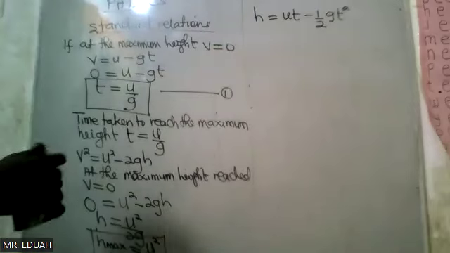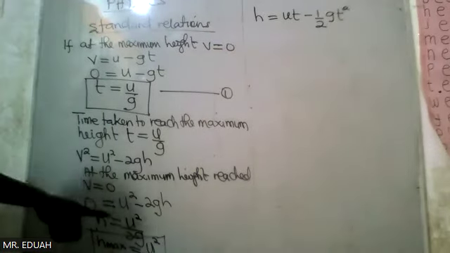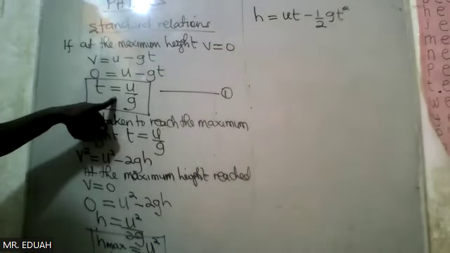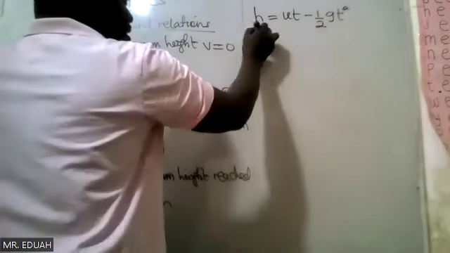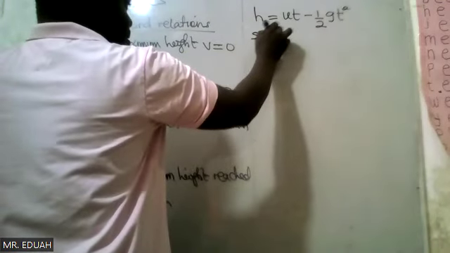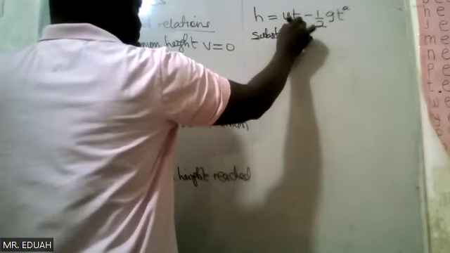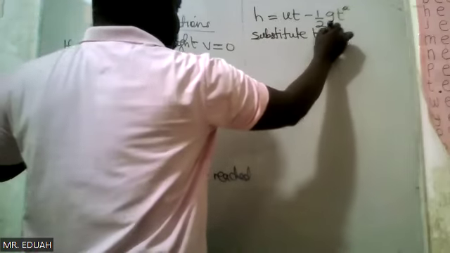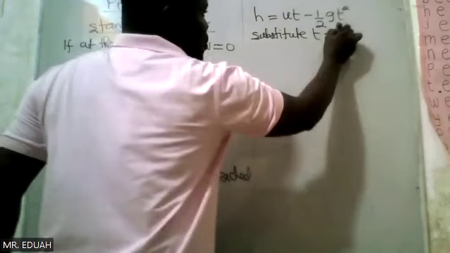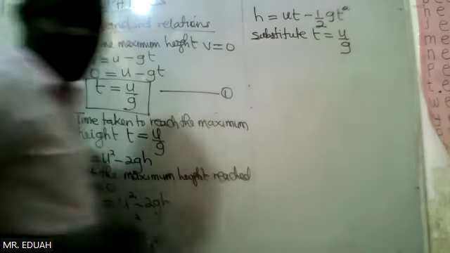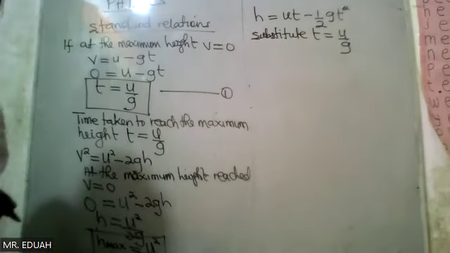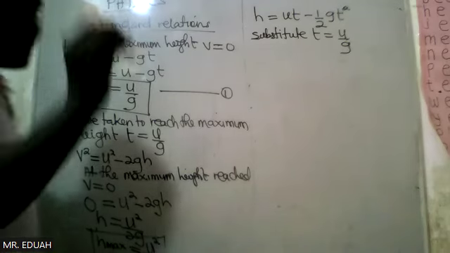When I substitute the time taken to reach the maximum height, T is equal to U over G, into this relation, let's do it together.